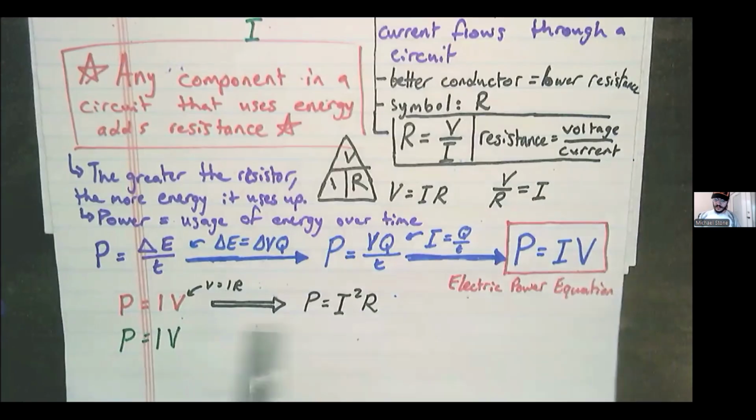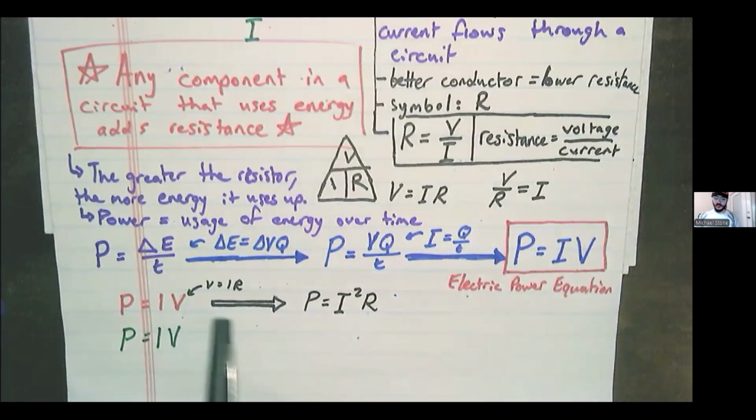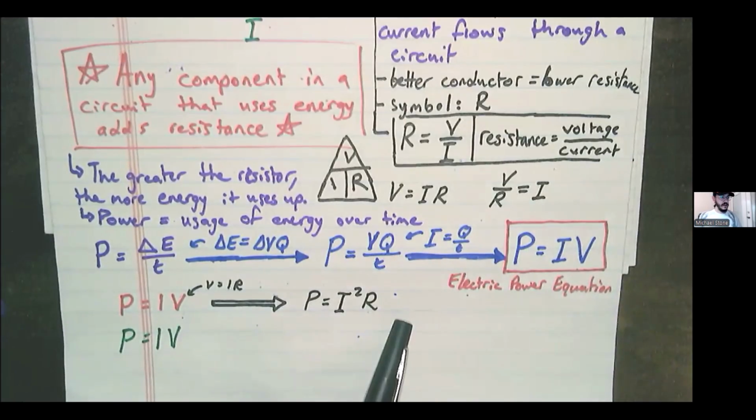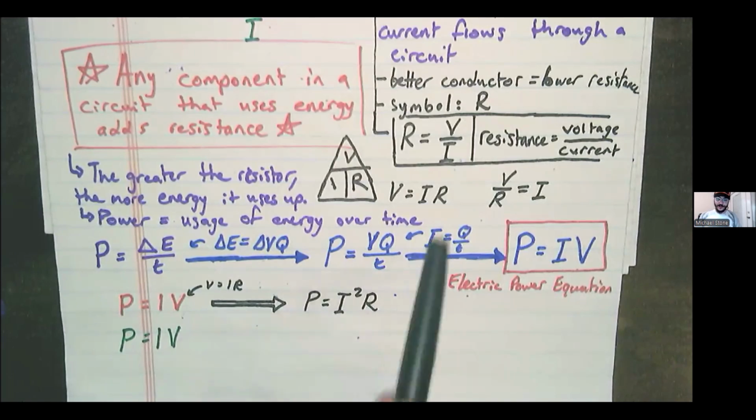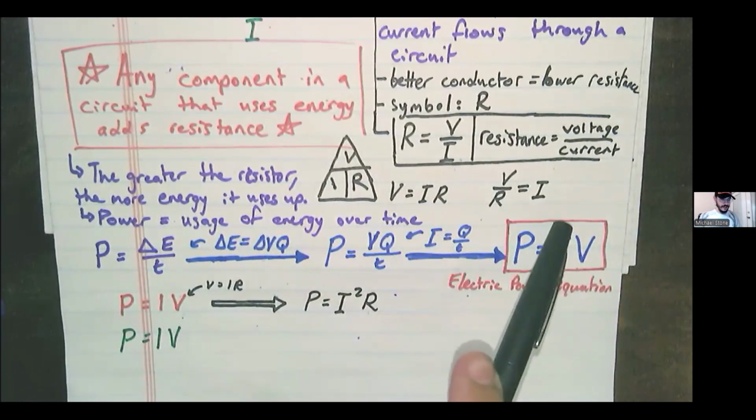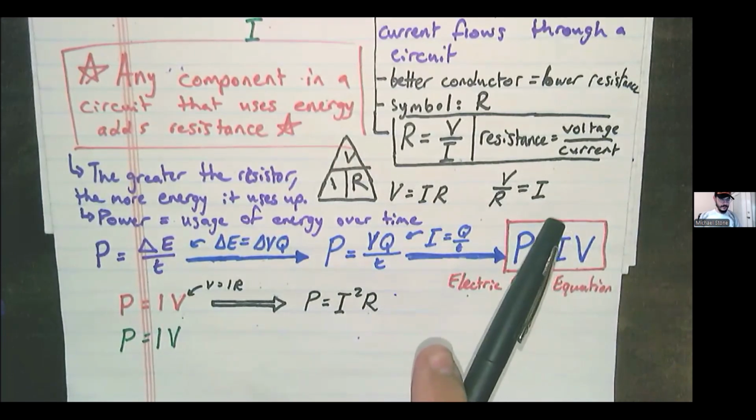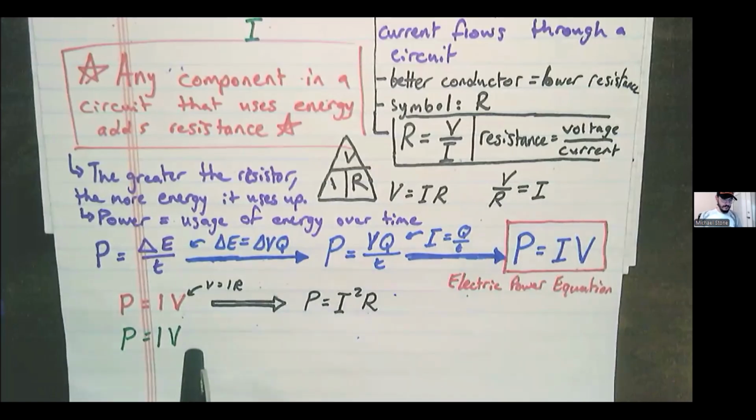And instead of a situation where we know the current and the resistance, maybe we know the voltage and the resistance, but the current isn't known. Now you could, if you know the voltage and the resistance, just find the current here and then plug that into P = IV, and you could two-step it.